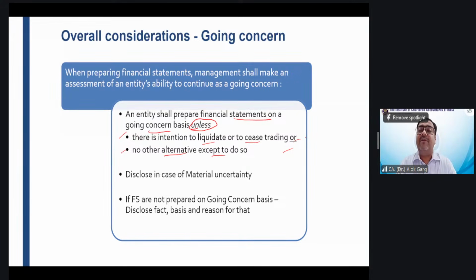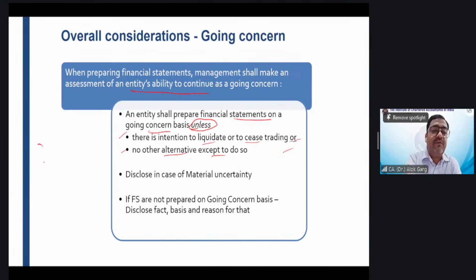And friends, when management evaluates the entity's ability to continue as a going concern, the management will look at the foreseeable future. When you are talking about the entity's ability to continue as a going concern, you are talking about the future. Sir, what period of future? Future is infinite. So what period? Foreseeable future.